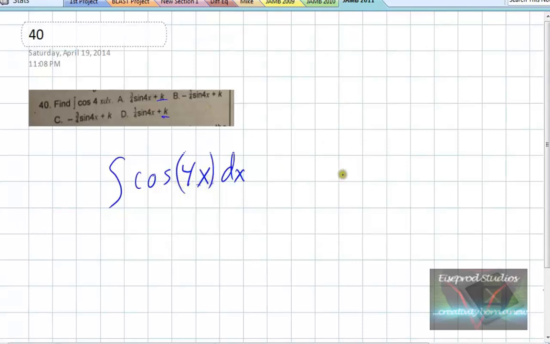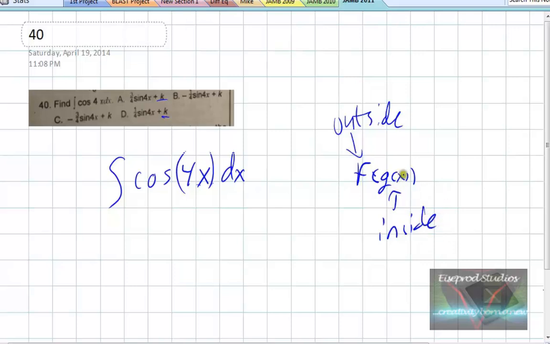To start with, we had an original function. It looked like this: f of g of x. f was the outside function, and g was the inside function. It was a composition of the two functions.